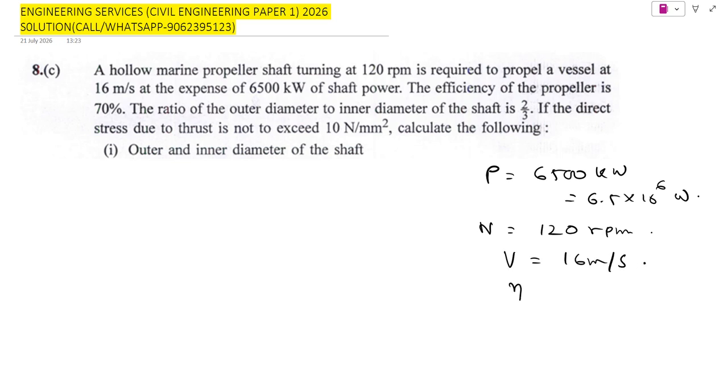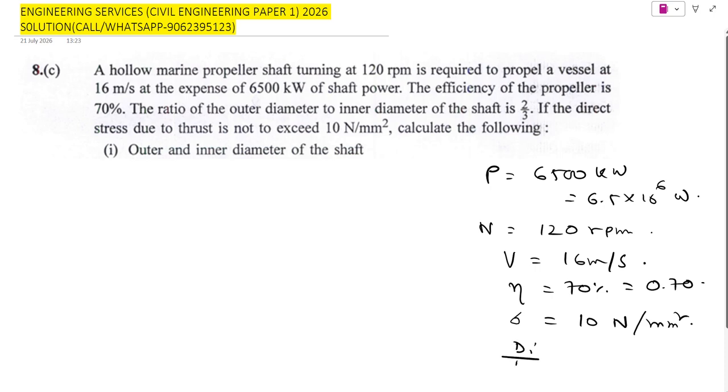Propeller efficiency, eta, is 70%, so we can call it 0.70. And direct stress, sigma, is 10 Newton per millimeter square. And the diameter ratio, di by d0, is basically 2 by 3.